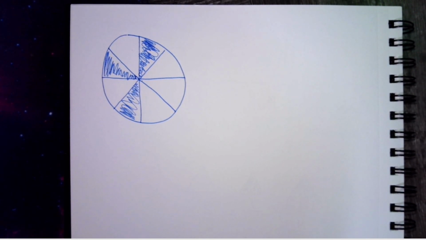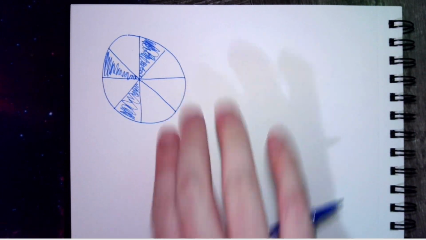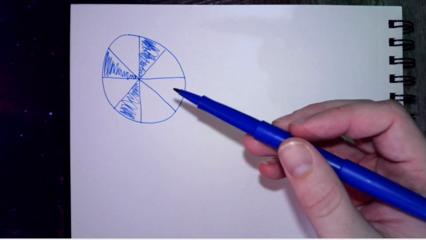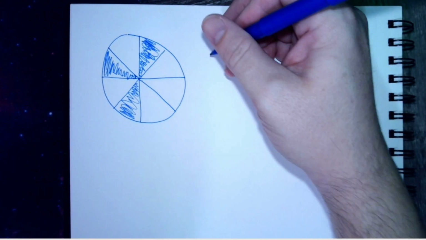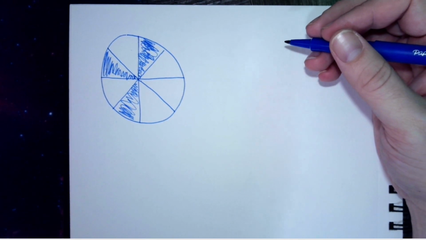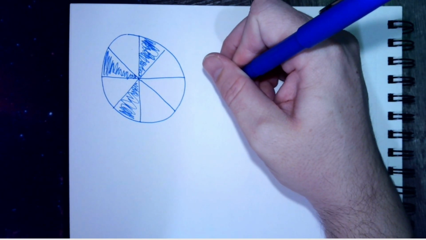So take a moment yourself and figure out what fraction, what entire complete fraction is being shown by this model. Okay. And I'm going to go ahead now. Again, remember, pause the video. But we have 8 total pieces.